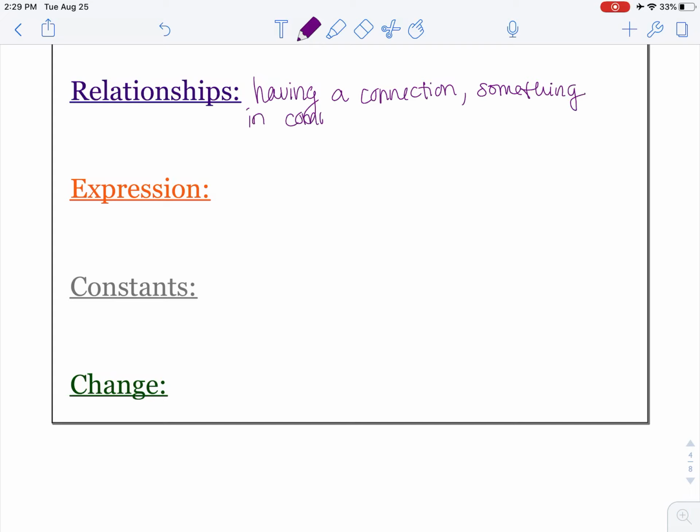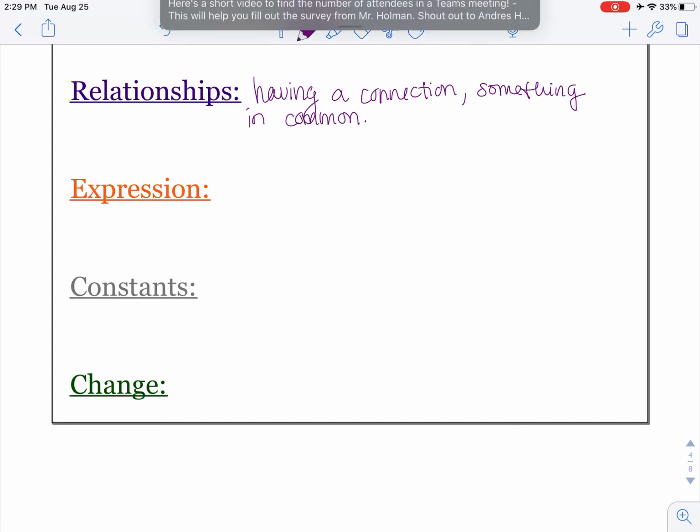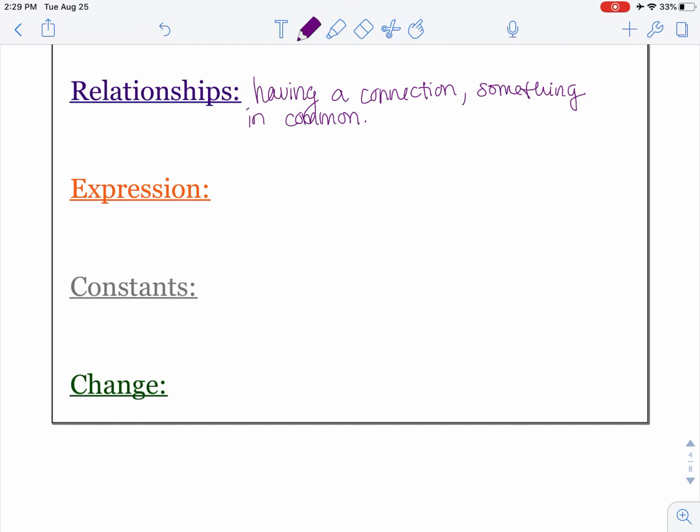And this is important because when relationships start to happen, that's when we start to find patterns. That's when we start to make those connections in our head. And math is a lot about relationships. And if we can recognize those relationships and put words to those relationships, it's going to help us understand math even better and finalize that foundation even more.